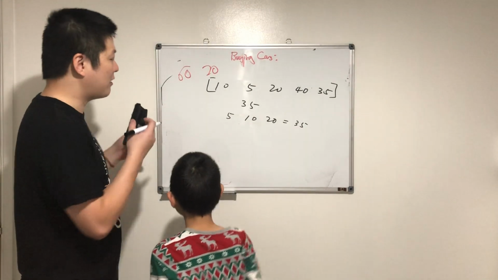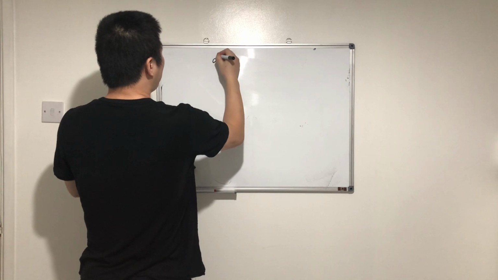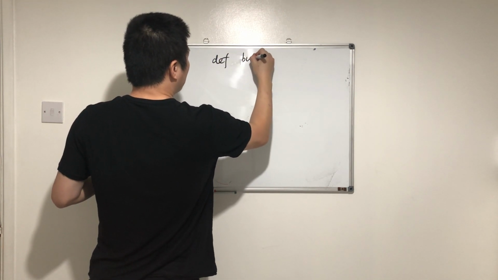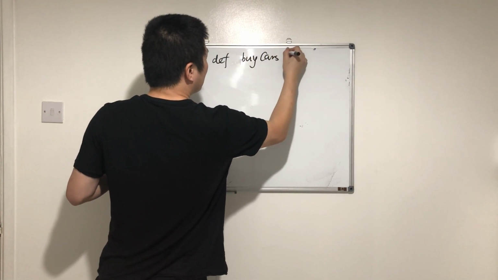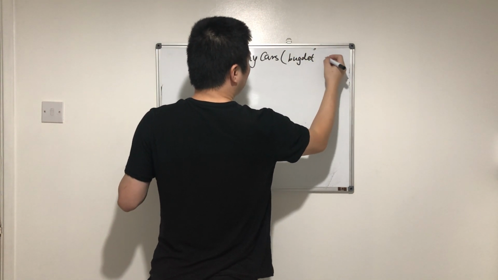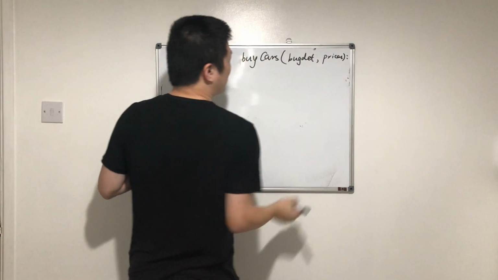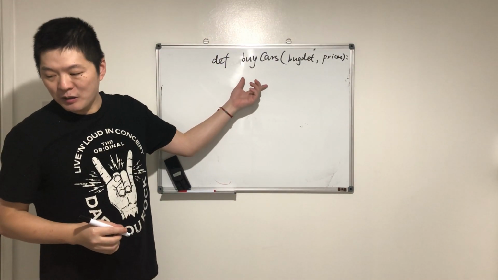Okay, so let's define a function. Define buy cars, with budget and prices. So what do we do at the beginning?